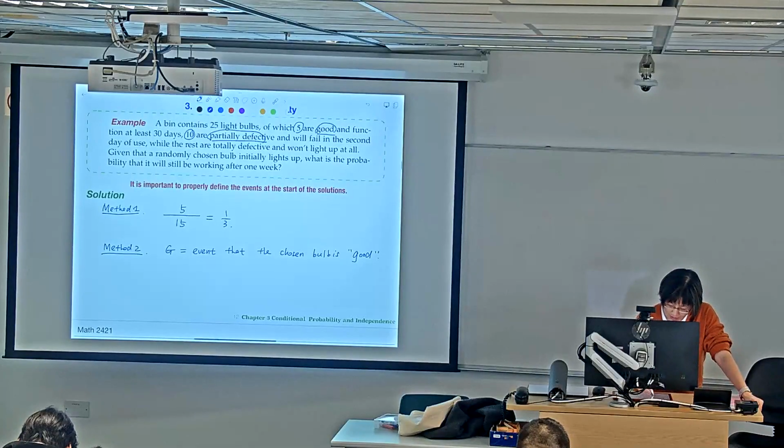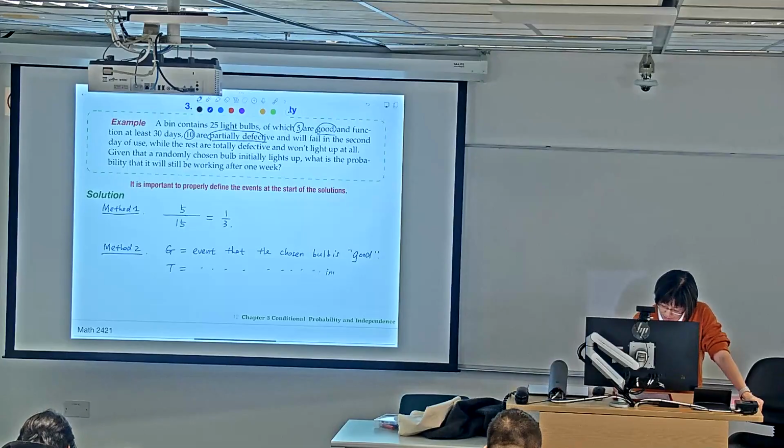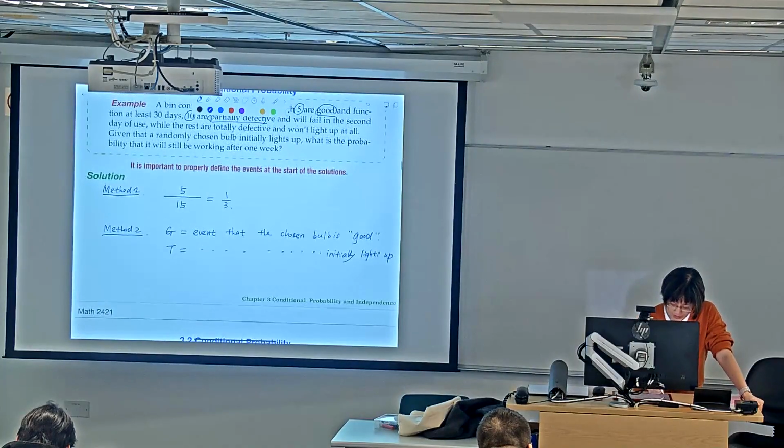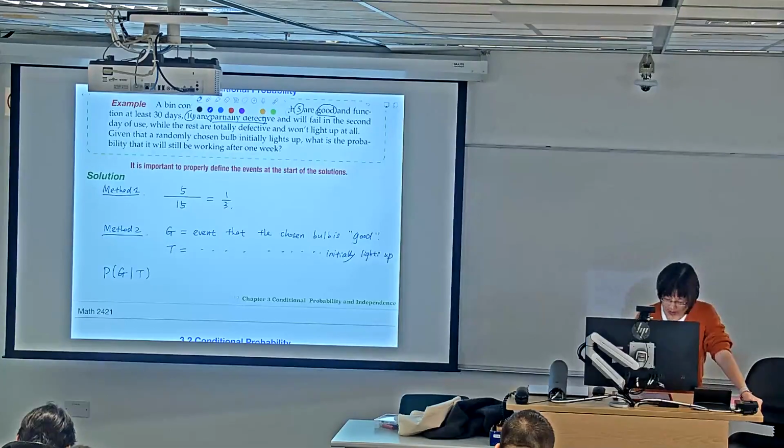And then the given event, let's use T, is the event that the chosen bulb initially lights up. Then what we need to compute is the probability of event G, given that event T has occurred.